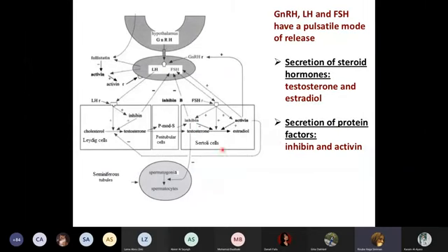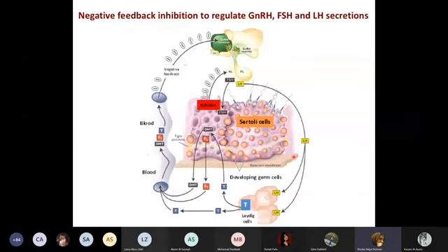Now, steroid hormones and inhibin regulate the synthesis and secretions of pituitary and hypothalamic hormones by exerting a feedback regulation, that is negative feedback inhibition. What does this mean? This means that the inhibin secreted by the Sertoli cells can act back on the anterior pituitary to inhibit the secretions of FSH.